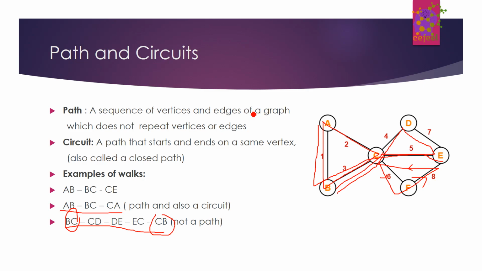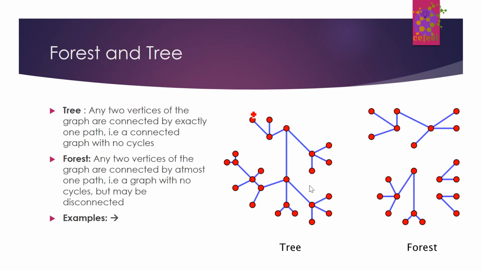Meanwhile, let's move on to the next concept, which is forest and tree. If you have seen my previous video, we have defined a tree there as well. A tree is a graph where if we pick any two vertices, they are connected through exactly one path. In other words, a graph where there are no cycles.